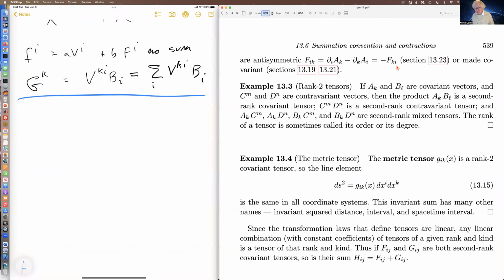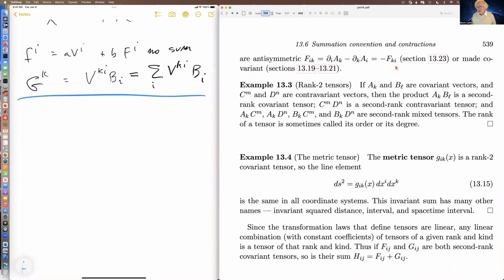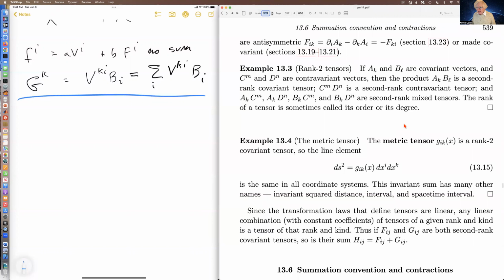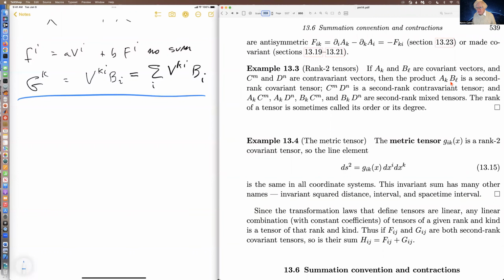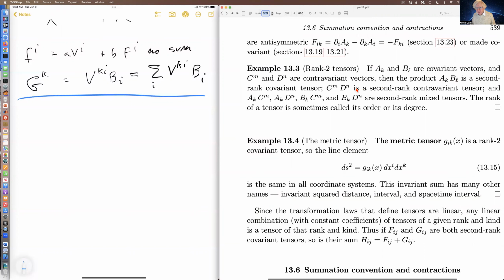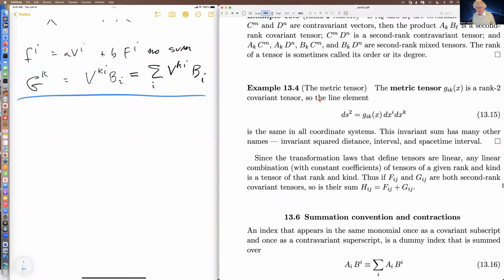That's anti-symmetric in I and K, and it is a rank 2 tensor under general coordinate transformations. Now, if you have two vectors and you multiply them together, you get a rank 2 tensor. This is covariant, this is contravariant, these are mixed, and so forth.